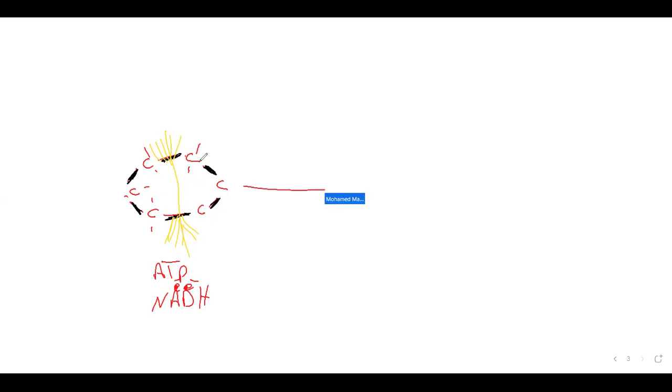So what do we get when we split the glucose? We split it in half. It is 6 carbons, so the remaining, we still have 3 carbons, right? And the other 3 carbons, right? They still store energy in these bonds, okay? So what will we do?